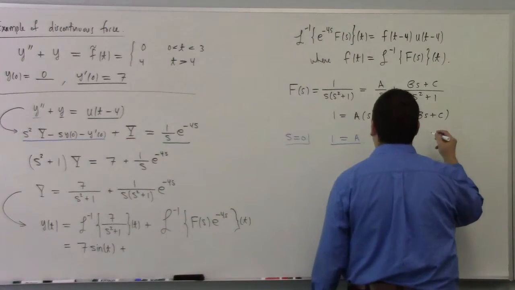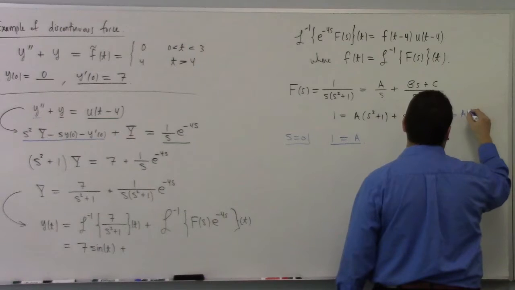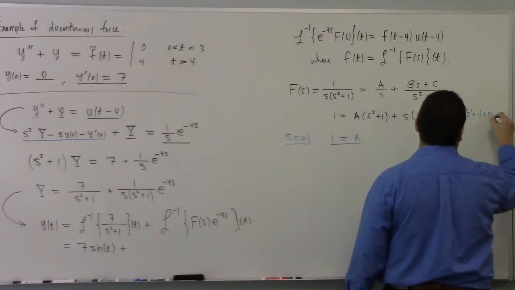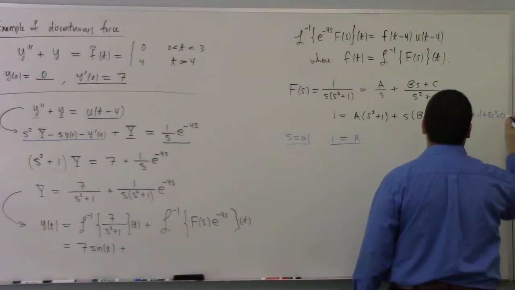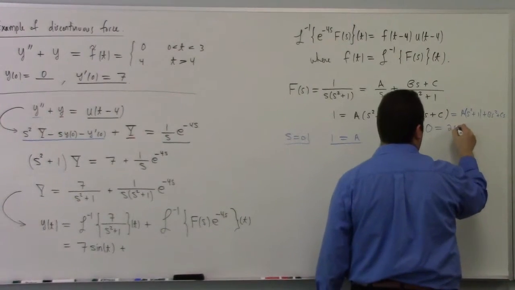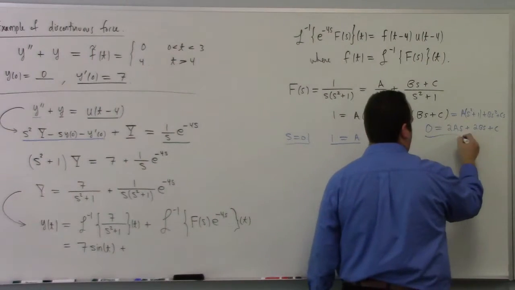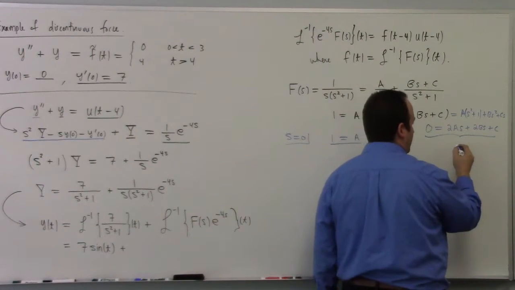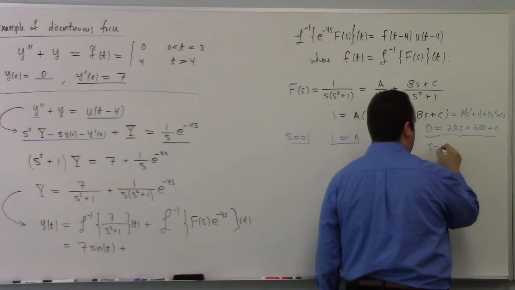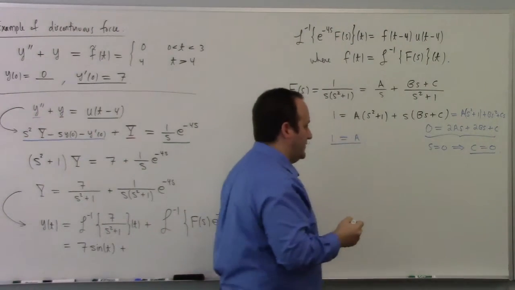This is actually equal to As squared plus 1 plus Bs squared plus Cs. So one thing I could do would be differentiate this equation. It gives me 0 is equal to 2As plus 2Bs plus C. And then if I plug in 0 into that, s equals 0 implies C is equal to 0, which is pretty nice.